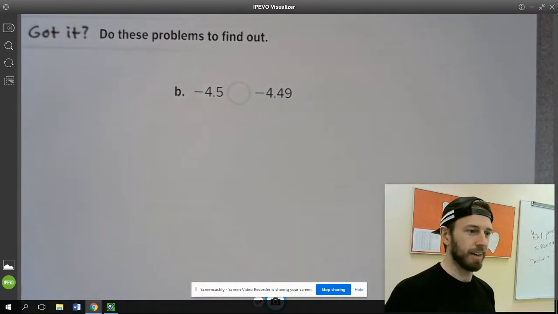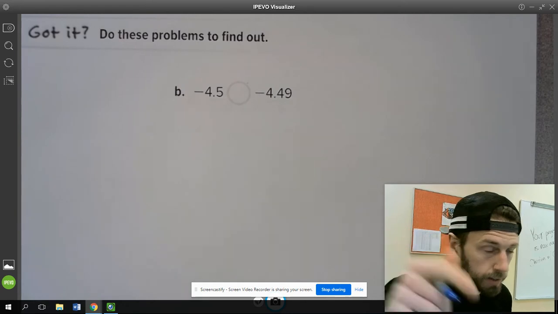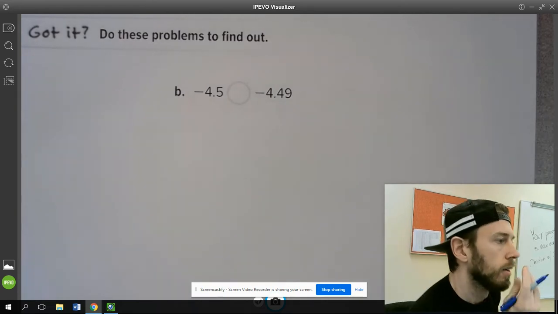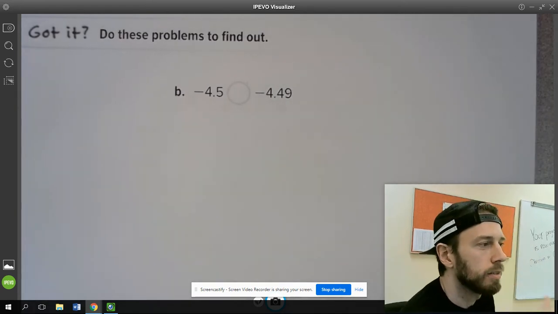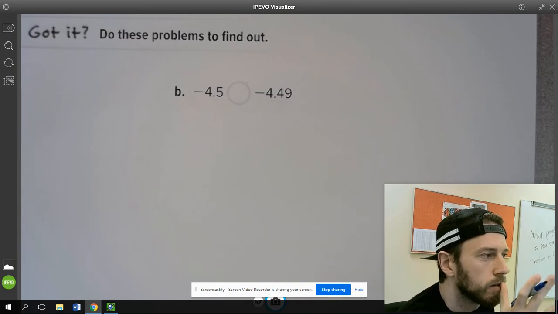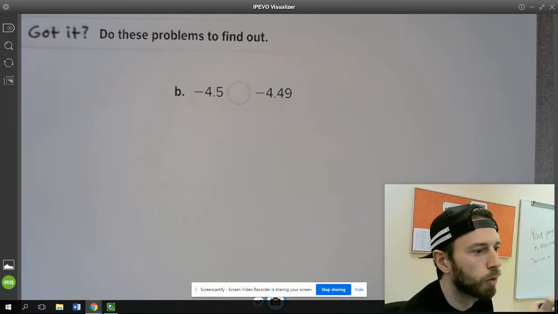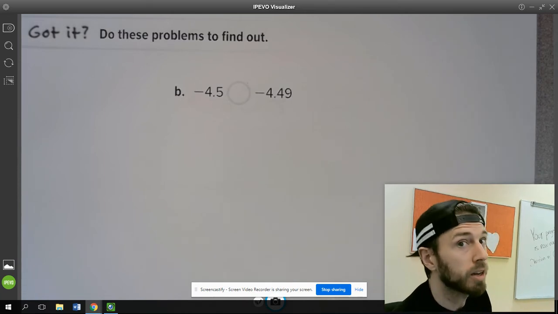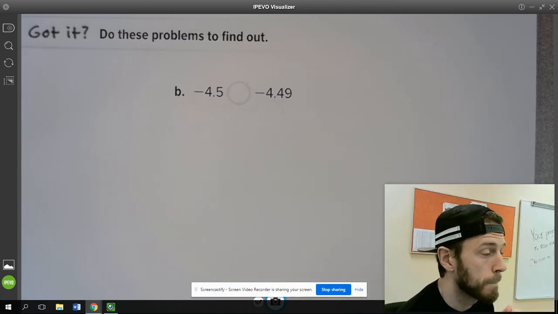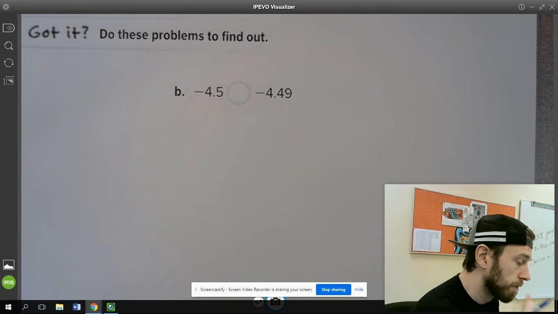Ooh, interesting. Don't get tricked. How do you think? Negative 4.5 and negative 4.49. These look really close, and they really are. They're really close numbers. They're both negative.